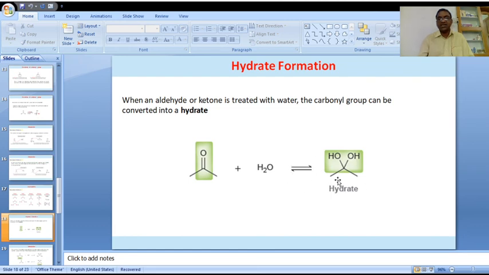This hydrate is an unstable structure. Immediately it turns into the carbonyl functional group. Is it clear, all of you? Hydrate formation is a reversible reaction.